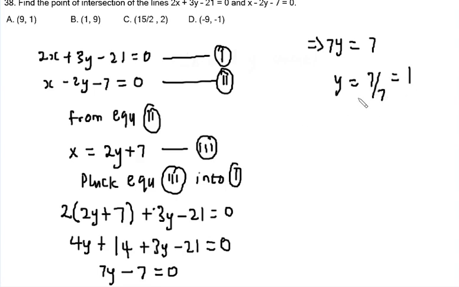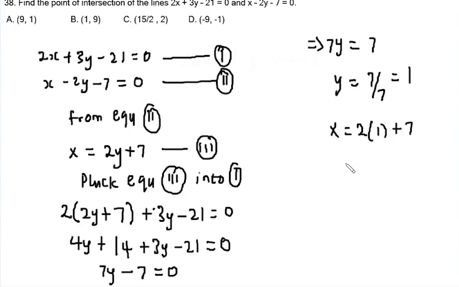So from here, to save your time, you can quickly look at the options and check whether you have any value that has a y point of 1 instead of solving for the second portion. For your x though, you have x is equal to 2 open bracket 1 close bracket plus 7.